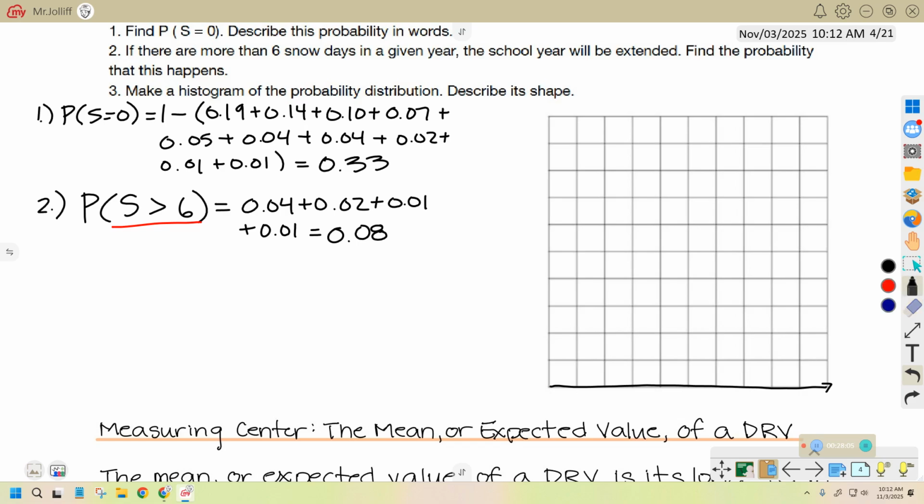I was thinking last example, snow days. We're plotting S on the x-axis. We're plotting P of S on the y-axis. And I need to figure out how to get 10 on my graph. 0, 1, 2, 3, 4, 5, 6, 7, 8, 9, 10. Oh, that's going to be gross.